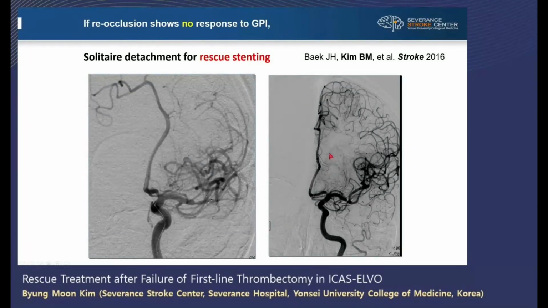So the solitaire was detached as rescue stenting. This is the final angiogram. If reocclusion shows no response to GPI, rescue stenting with or without angioplasty may be helpful.